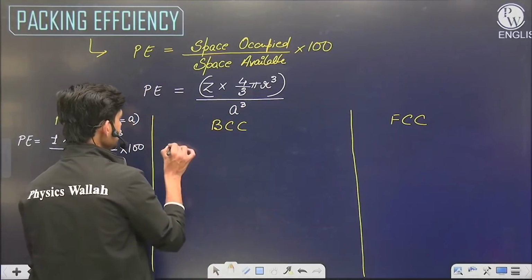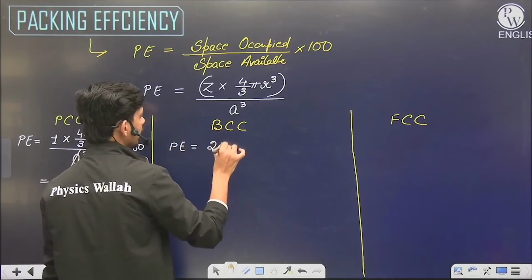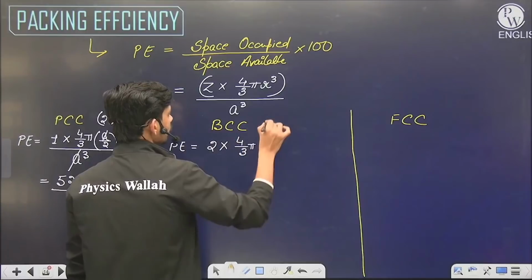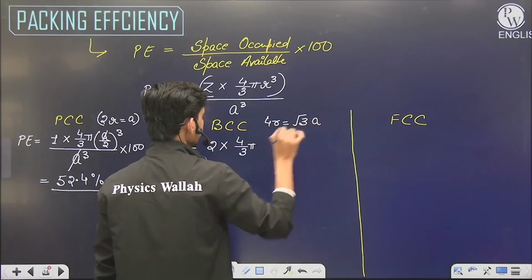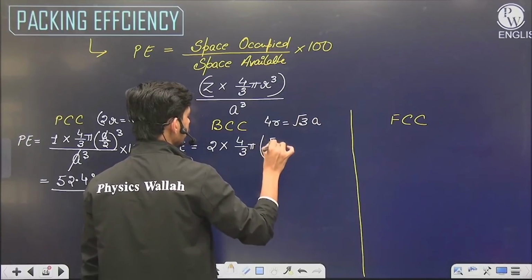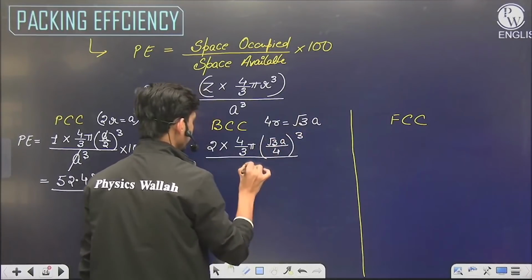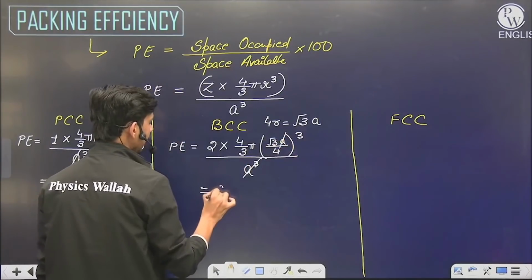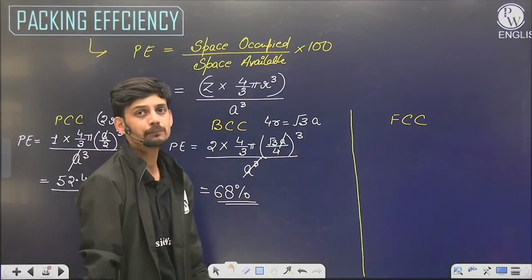Now for BCC, effective atoms are 2. Effectively 2 atoms are there, 4 by 3 pi. For BCC, the relation is 4r is equal to under root 3 a, the body diagonal. So r can be written as under root 3 a by 4, whole cube, divided by a cube. Again, a will be cancelled out. And on solving this, I will get approximately 68%.